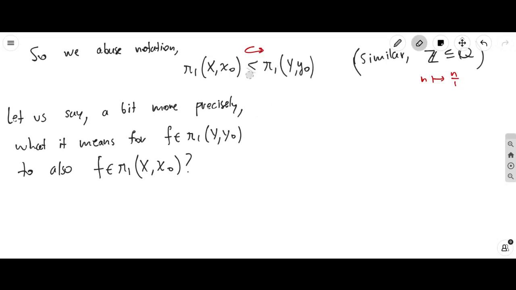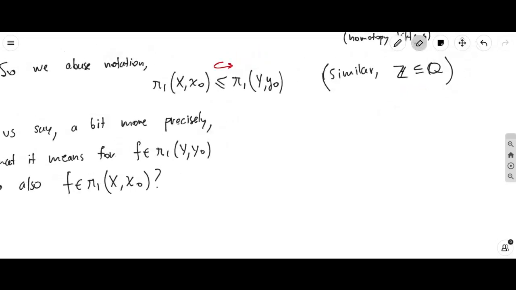So if we're being sloppy and we're saying that this is a subgroup of that, then it would mean that some of the elements here are also elements over here. Like, for example, maybe to make it a little bit easier for you, we would say, for instance, 10 over 2 is an element of Z, right? We would say 10 over 2 belongs to the integers.